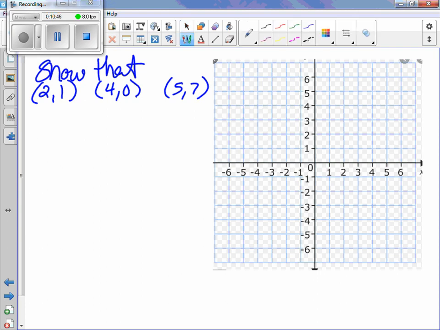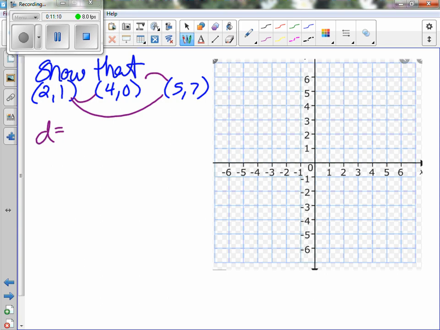What we could do is take the distance formula from here to here, and here to here, and then from here to here. Because that would give me the 3 sides, because all 3 of these sets of points will connect. And it doesn't matter which order I do it. It's just saying that those 3 will work together.